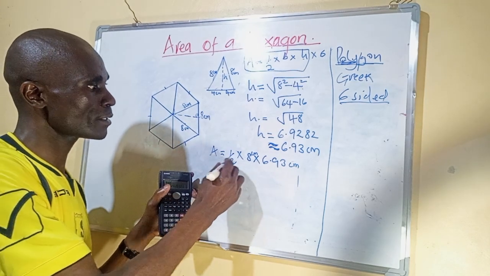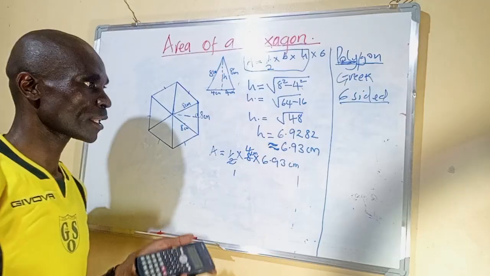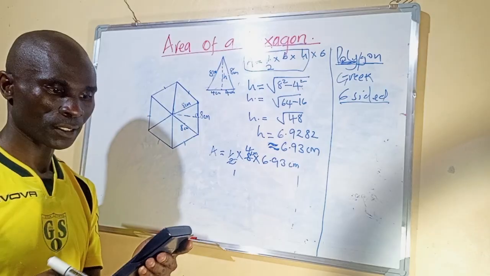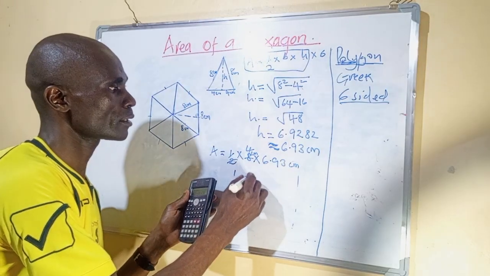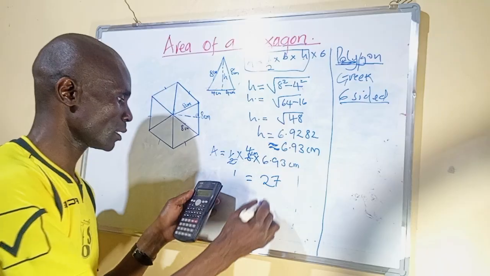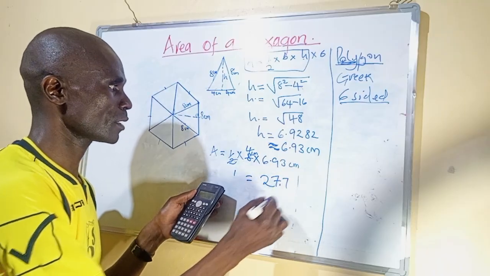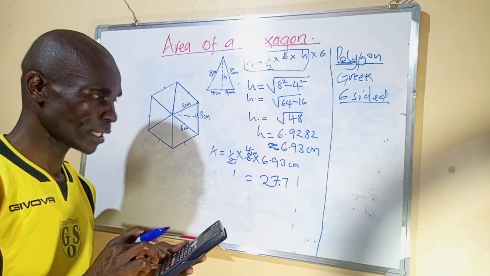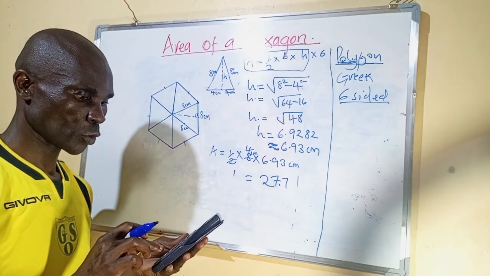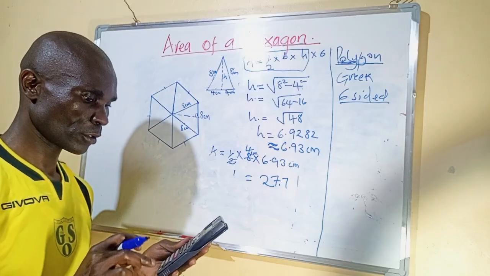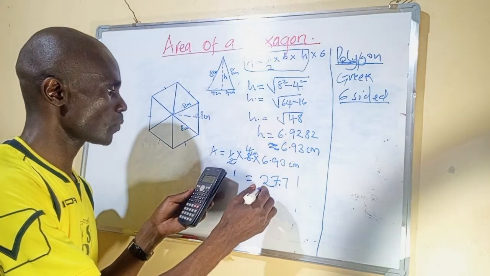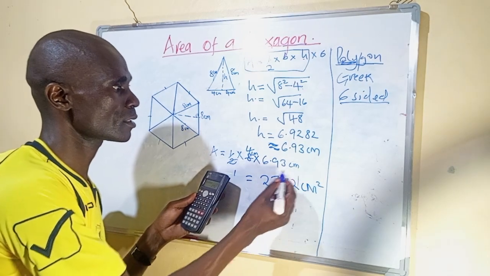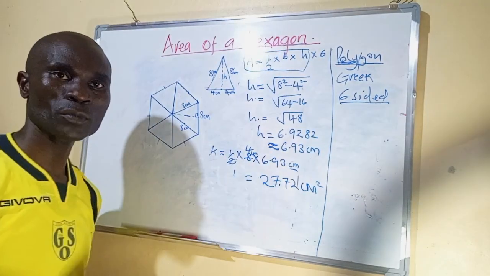Now you work out 4 multiplied by 6.93, which gives us 27.72. It is square centimeters, because centimeters multiplied by centimeters.